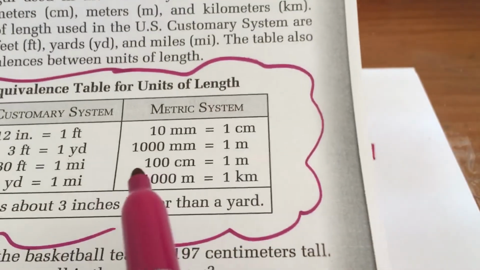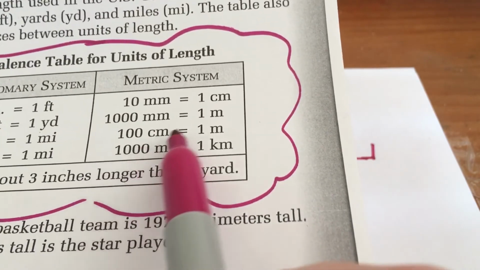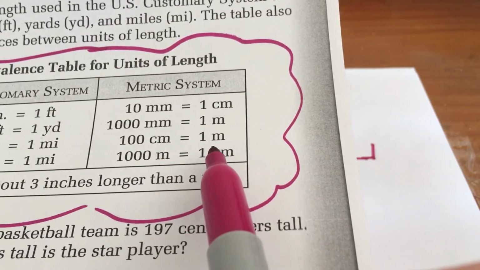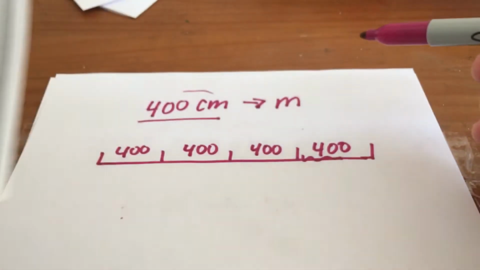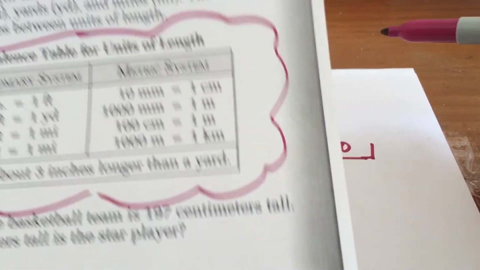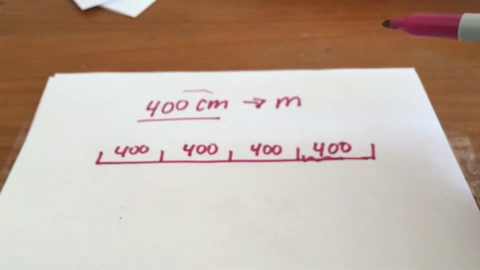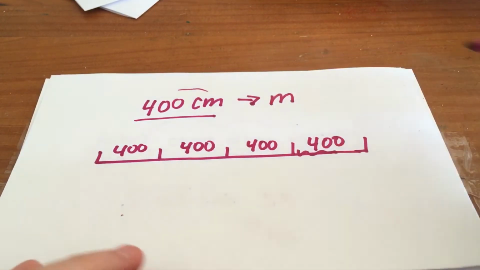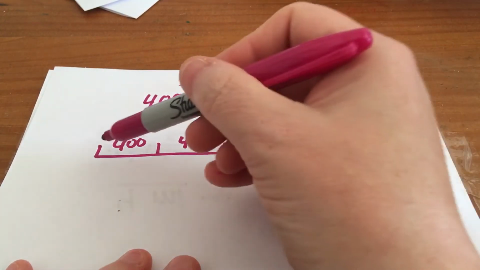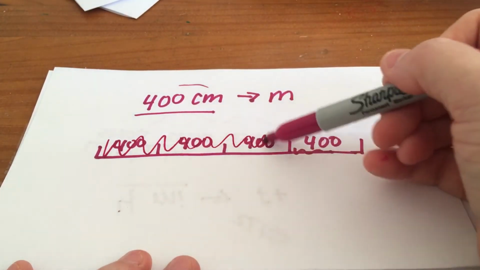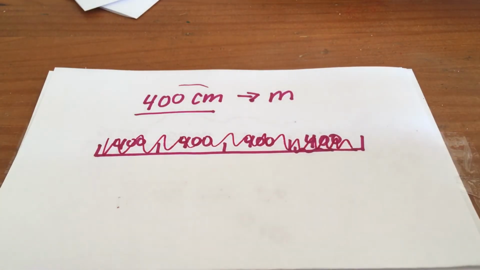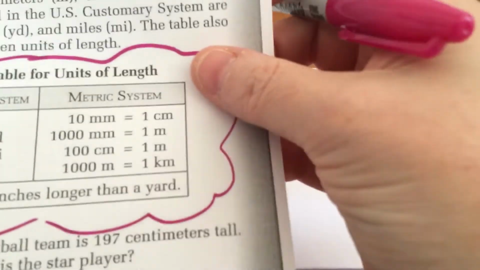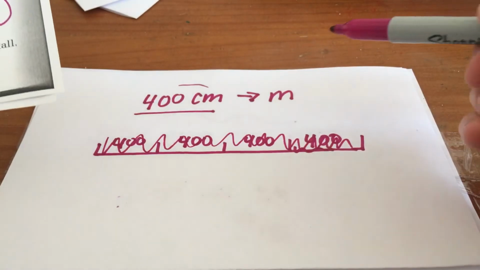They tell us that 100 centimeters is equal to 1 meter. Wait a minute, that's not going to work. Because look, this is 400 centimeters. So you're going to see that we can't draw this picture that way. It won't always work depending on how they give you the information.